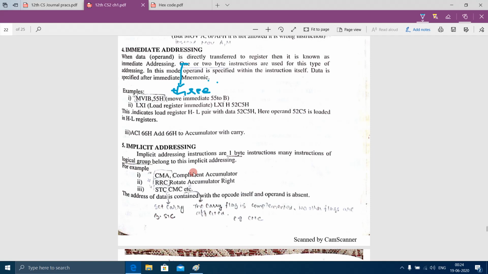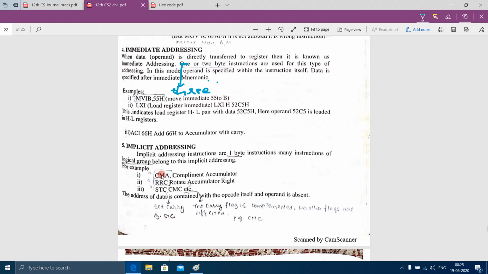One of the groups is the logical group. So that's why it's mentioned here. Many of the instructions which fall under this addressing mode are from the logical group.